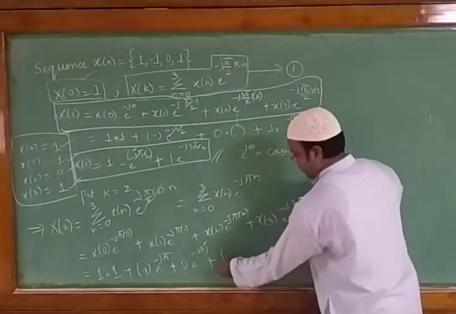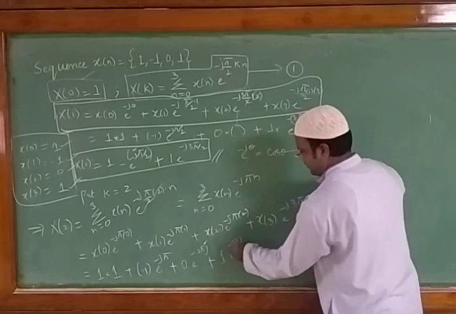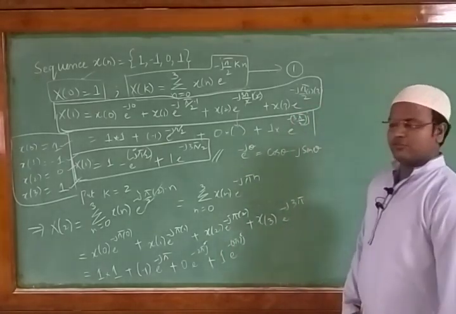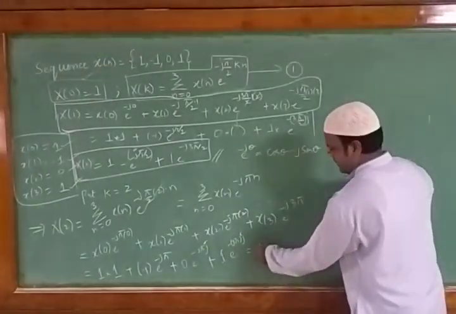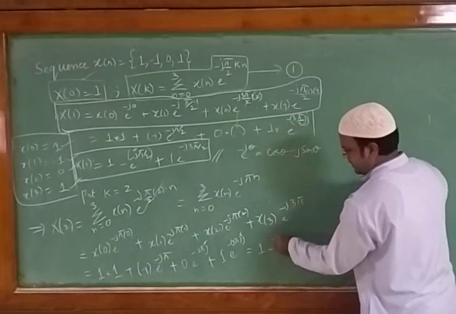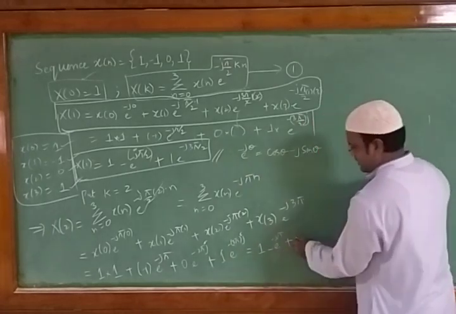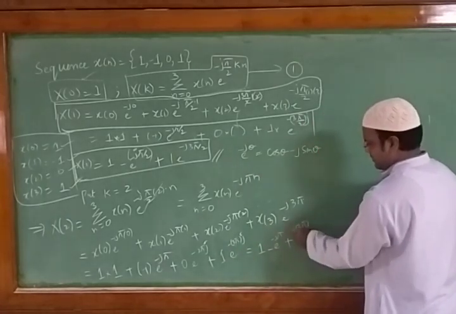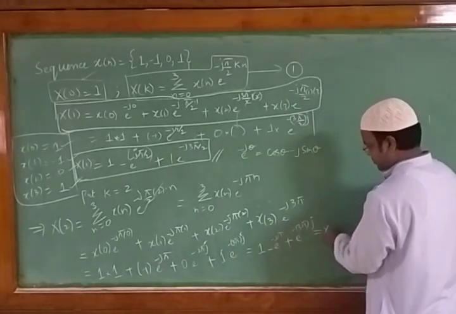X of 3 is 1 into e power minus 3 pi j. So we had all those numbers, so we can write 1 minus e power minus j pi plus e power minus 3 pi j. So this is nothing but x of 2.